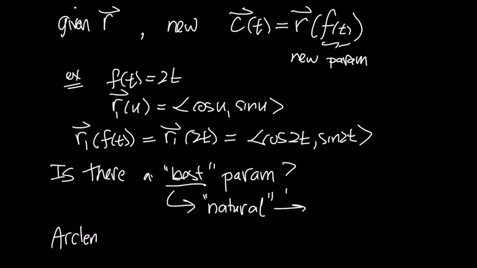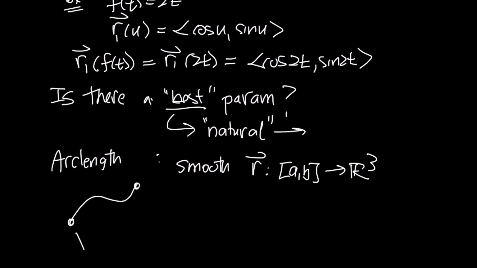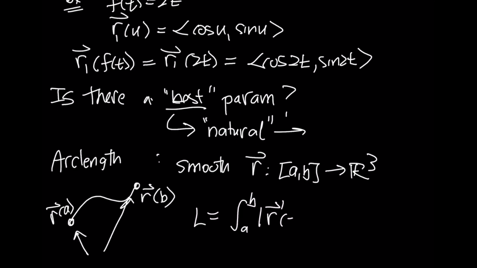So if I'm given a certain curve and I know that it has a smooth path on some interval a to b, and then it takes us to R3, remember that this initial point here is the vector r of a, and this final point here would be given by r of b, and in the middle we'd have some r of t. Well, the length of this curve is an integral from a to b of the magnitude of the derivative of that path.